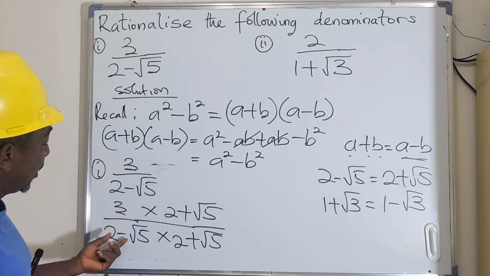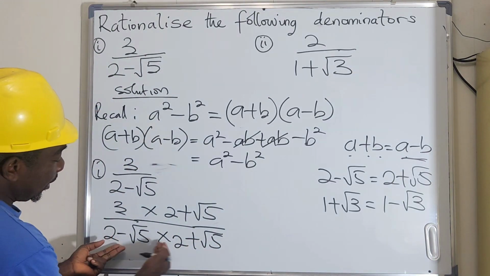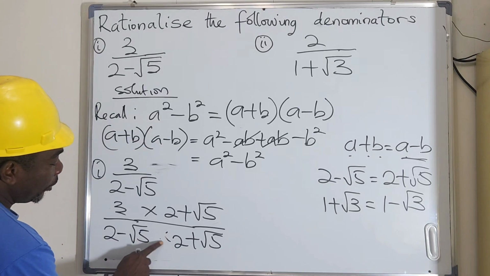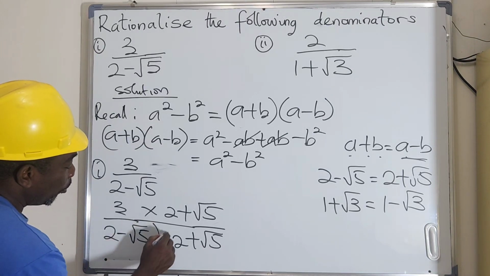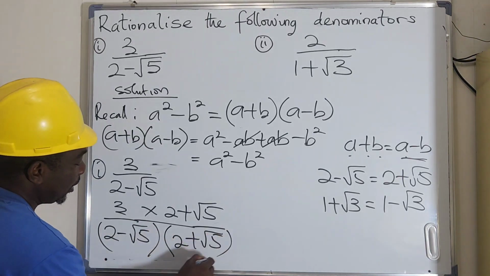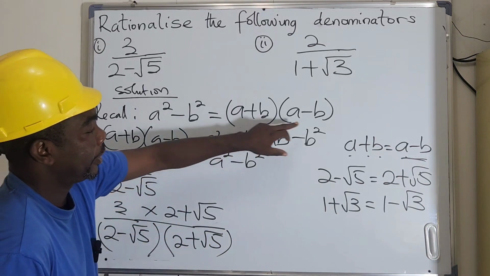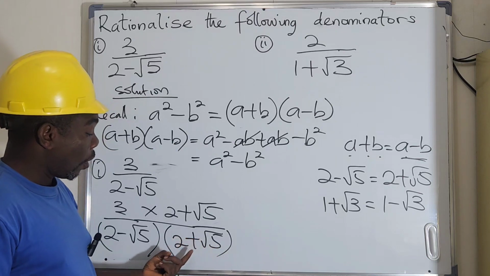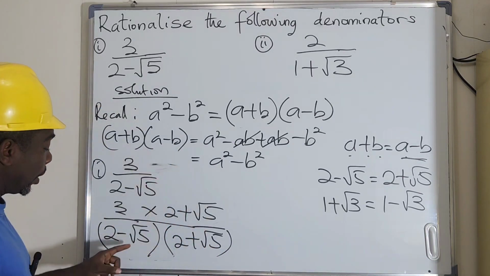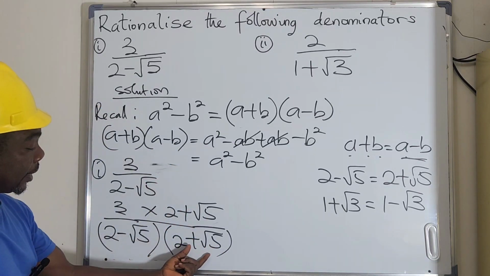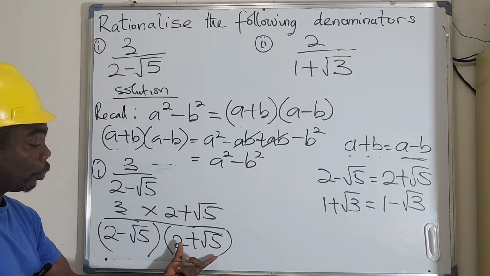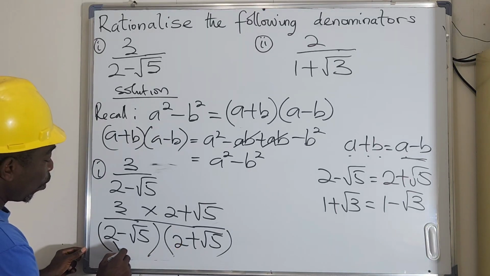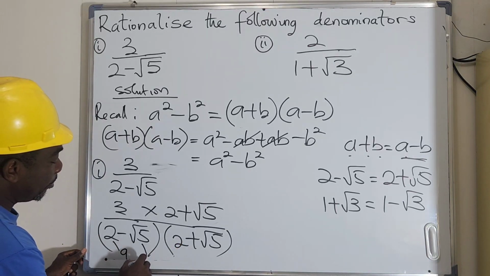So in this case, we can see that if you remove this multiplication sign, then we put parentheses, this is in the form of this. So for us to arrive at a quick answer, we can say it is the product of the difference of two squares. This one can be a and this is b.